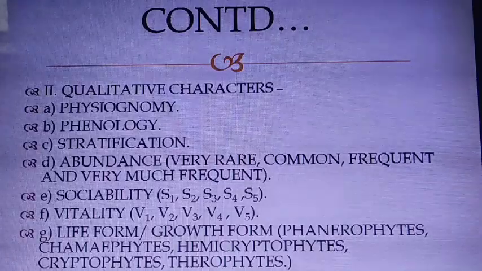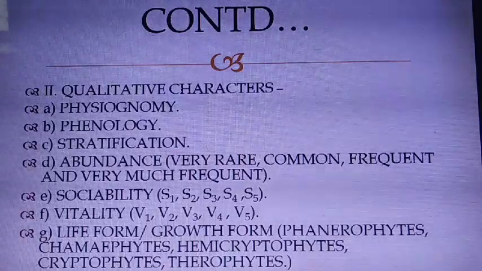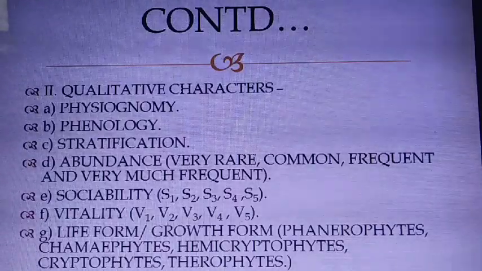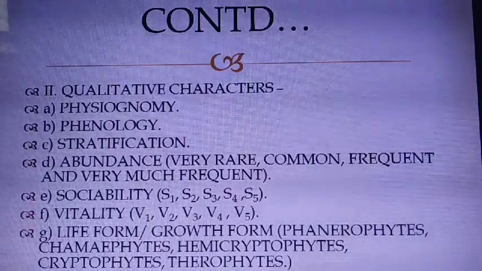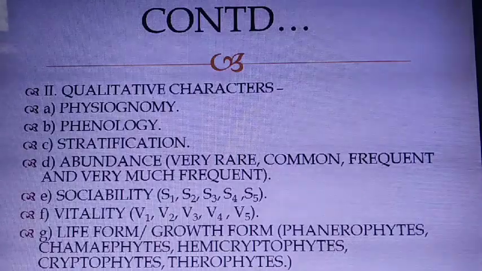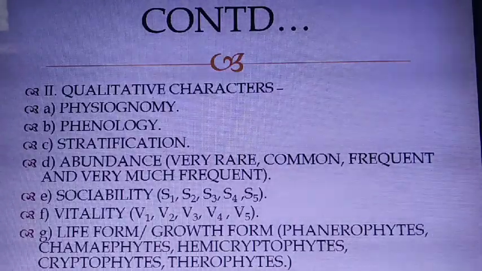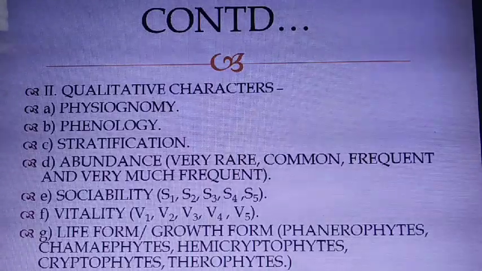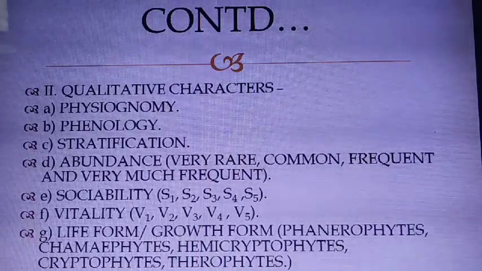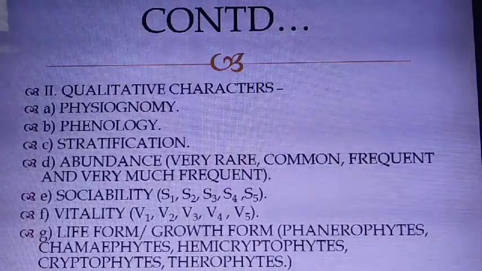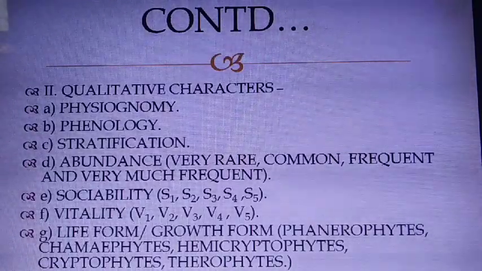The life form or growth form PPT I have given you earlier. The life forms or growth forms are distinguished on the basis of the perennating buds on the plants. They can be phanerophytes, chamaephytes, hemicryptophytes, cryptophytes or therophytes.